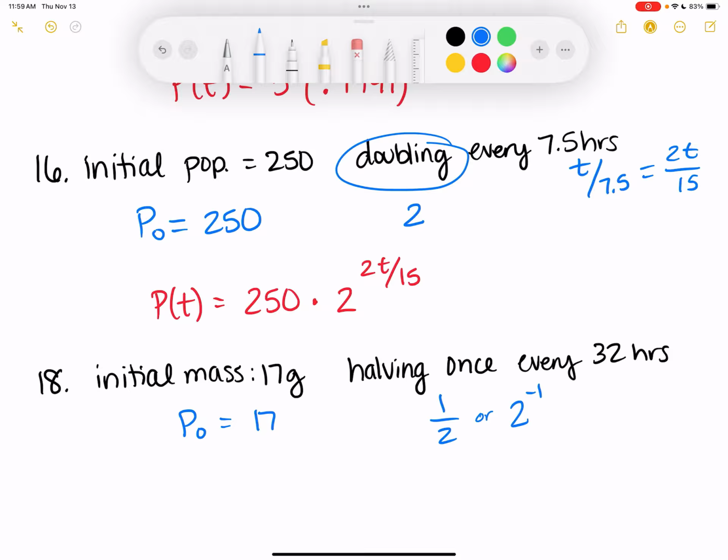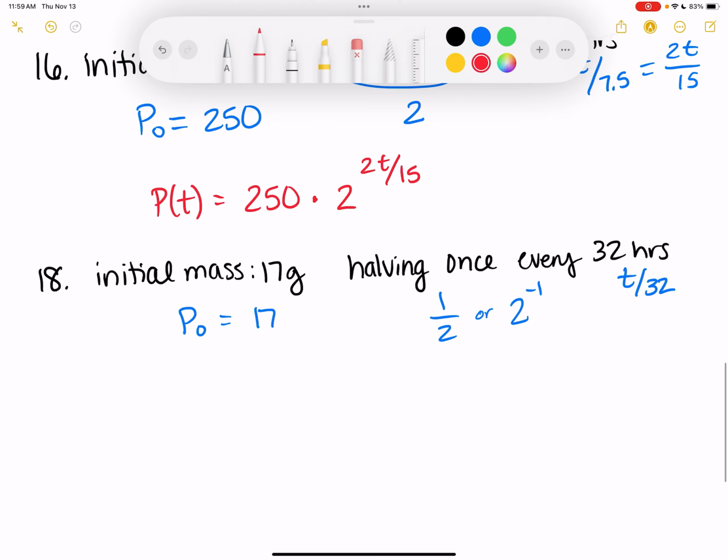If you like it written that way, better. It doesn't matter. I'll write it both ways so that you can see what it looks like. Now, it's once every 32 hours, so that means t over 32. So I have P of t is equal to 17 times, I will use parentheses on this one because it's 1/2 being raised to a power. Raised to the t over 32.